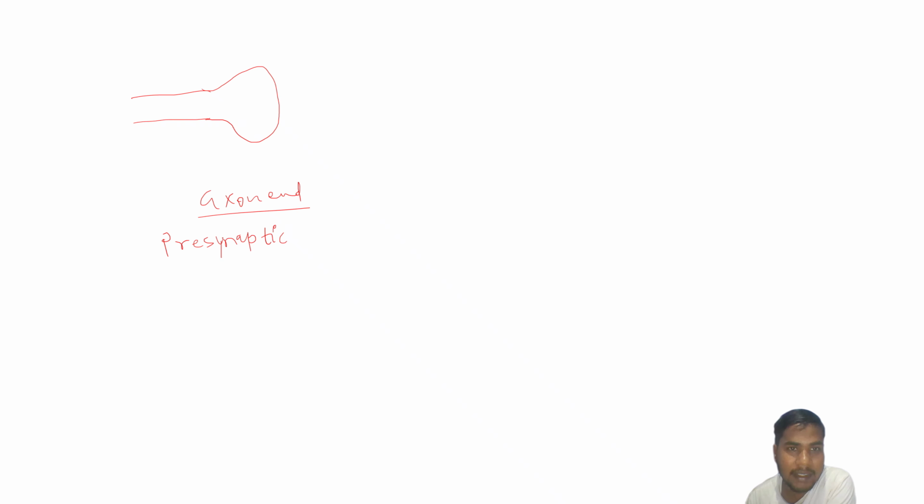This is the state where the axon end of the first neuron is here, and the dendrites of the second neuron are connected here. So the axon of the first neuron and the dendrites of the second neuron, this is the dendrite receptor of the dendron. Since it is connected here, there is a space.